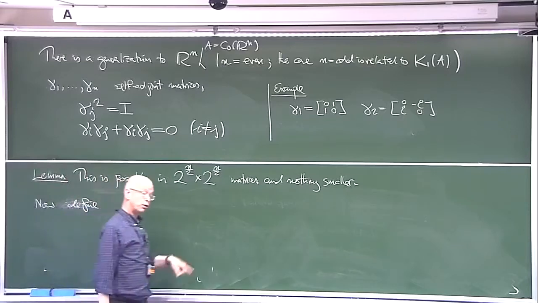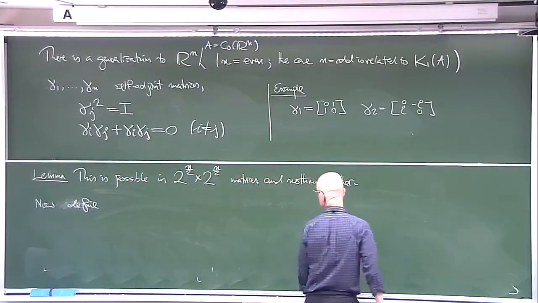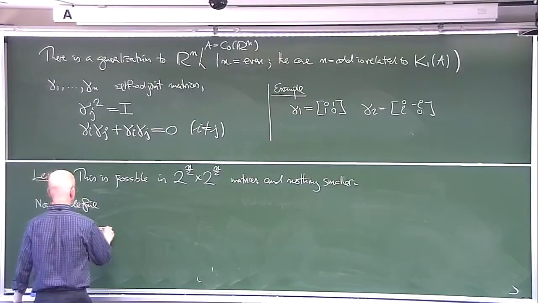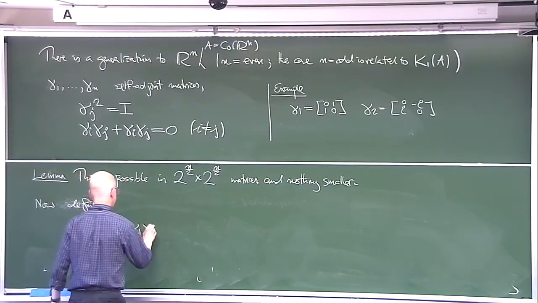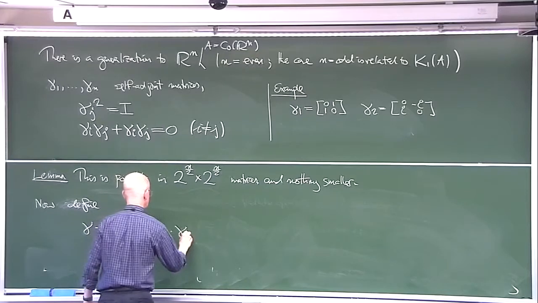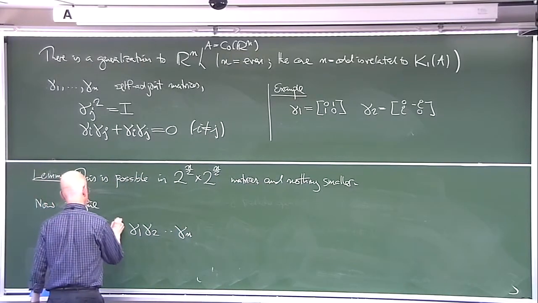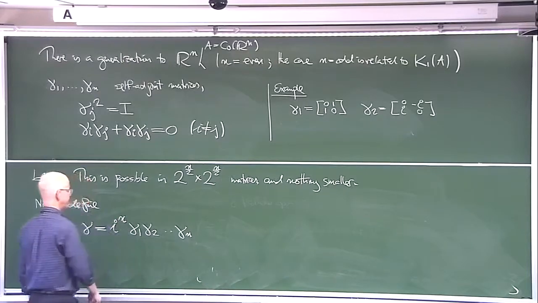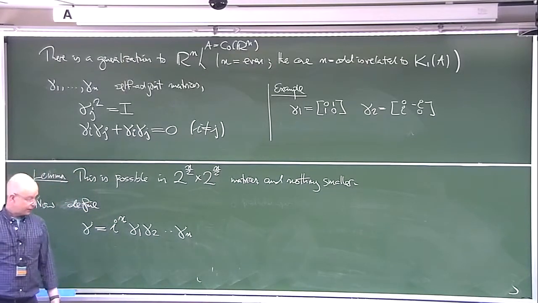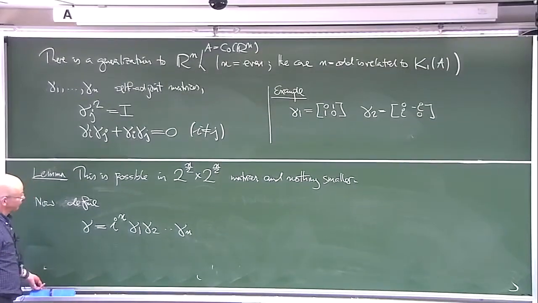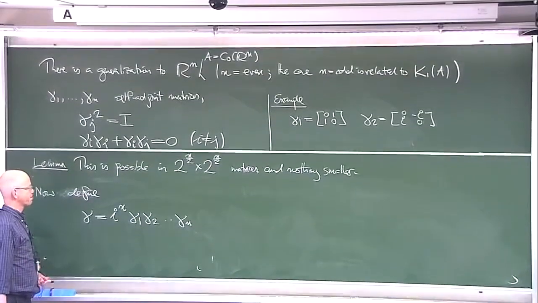Now let's define one more matrix. Just by multiplying all of the other ones together, and adjusting by some factor, which is the square root of -1 to the nth power. So it's one of the powers of the square root of -1: i, minus i, plus or minus 1.